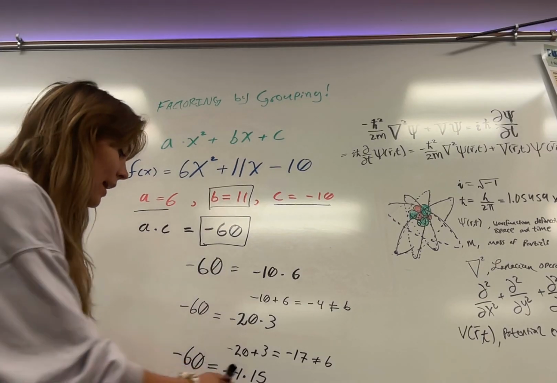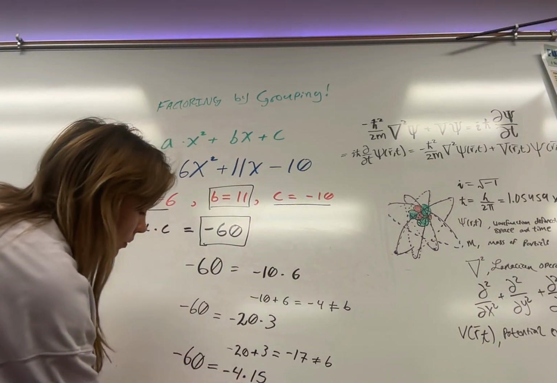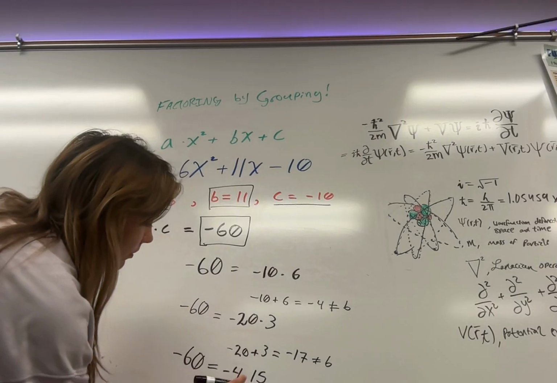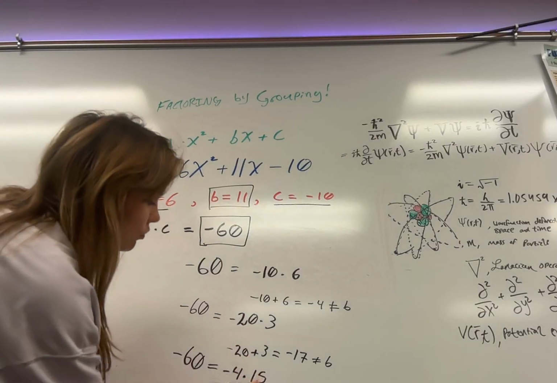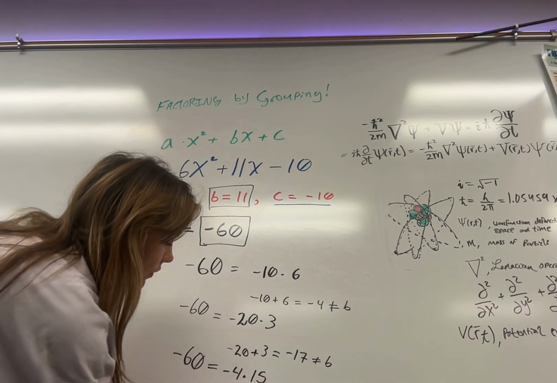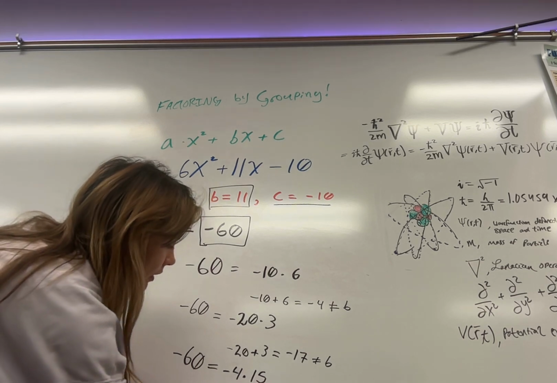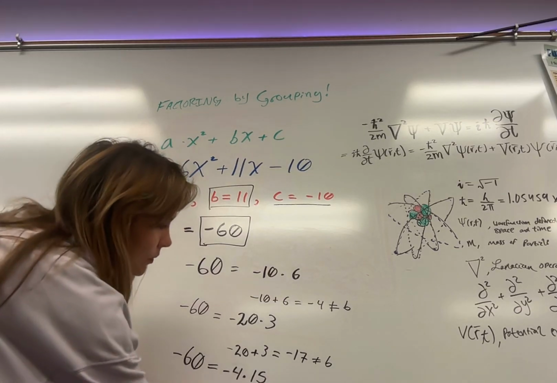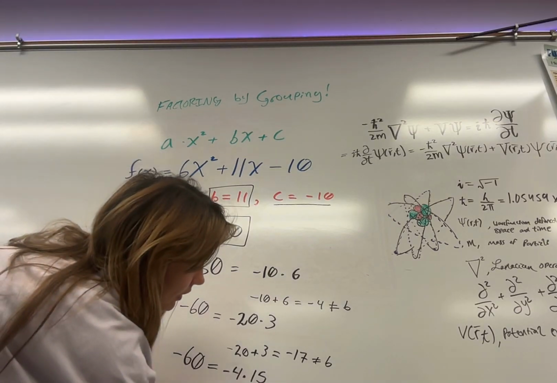It's because if we add these two numbers, what we get is negative 4 plus 15, and what that equals is positive 11, which is equal to b.